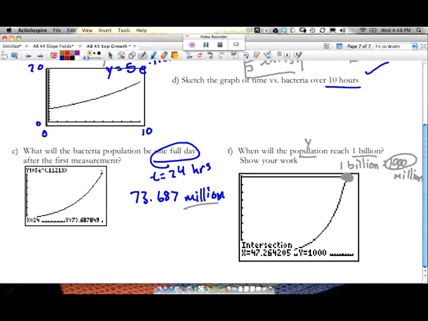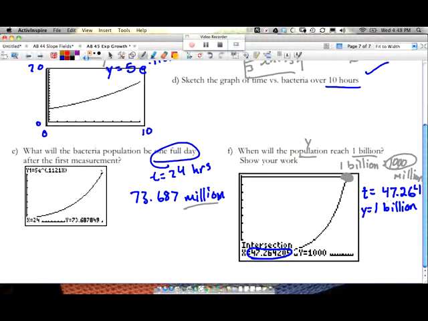That happens at 47.26420. So when T equals 47.264, Y equals 1 billion, or 1,000 million. So there we go.